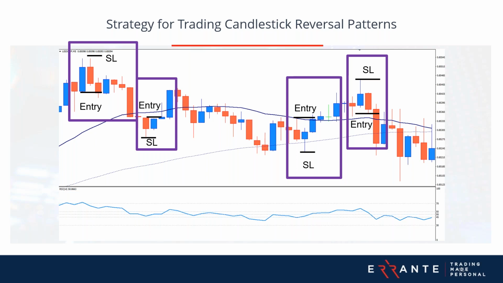Then we need confirmation. For example, here we have a bullish Harami pattern, and we have a confirmation from the RSI crossing above 50, and we are in a downtrend, and we see the last market bottom is somehow higher than the previous one.